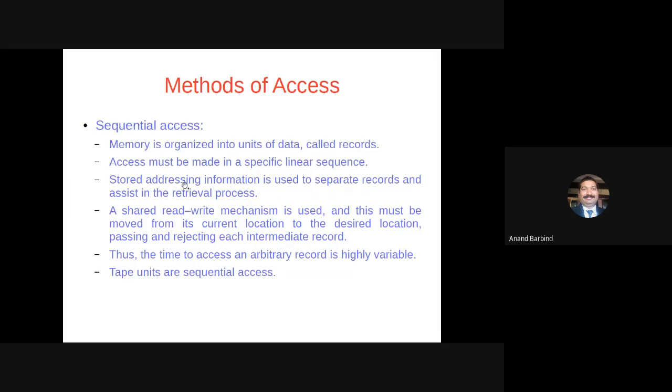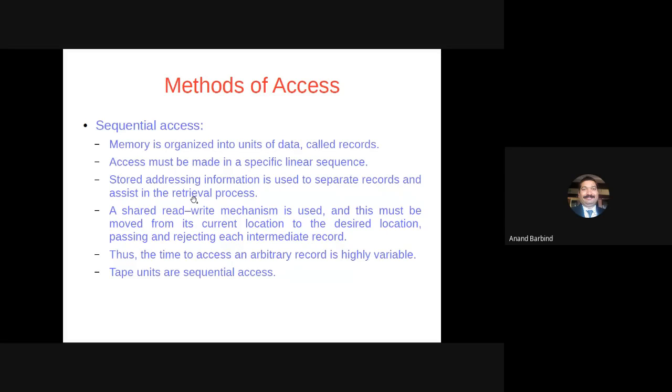Stored addressing information is used to separate records and assist in the retrieval process. A shared read-write mechanism is used, and this must be moved from its current location to the desired location, passing and rejecting each intermediate record. Thus the time to access an arbitrary record is highly variable. So tape units are sequential access.